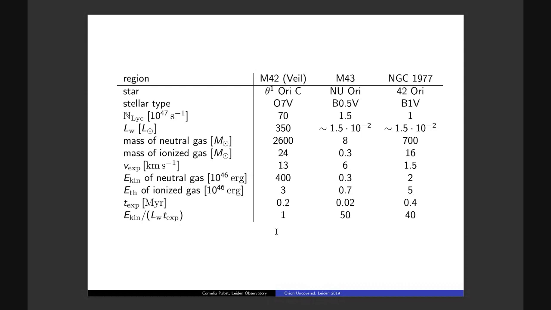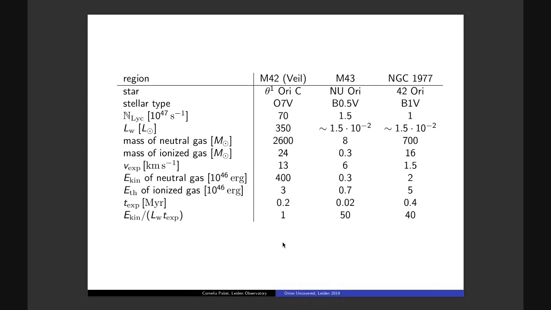First we tried to establish the kinetic energy in these bubbles. We estimated the mass with various measures, from the dust or from the density of the shell, and for the Orion veil we got a mass of 2,600 solar masses.